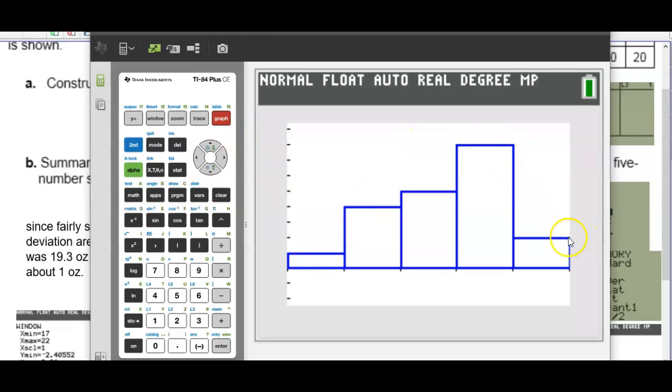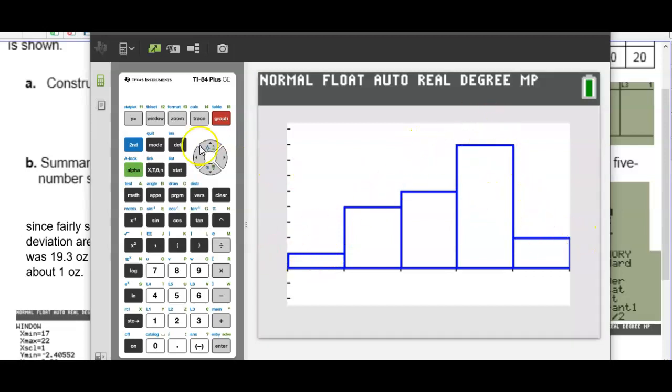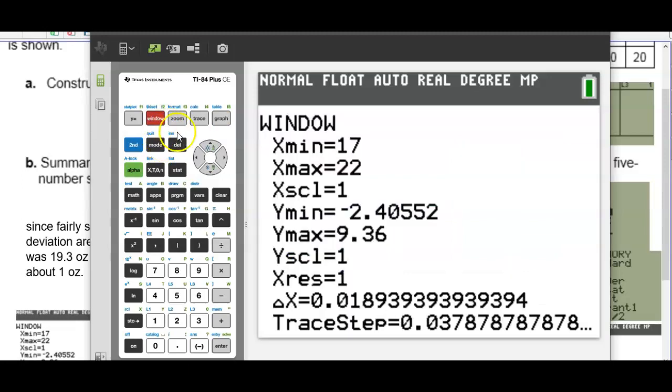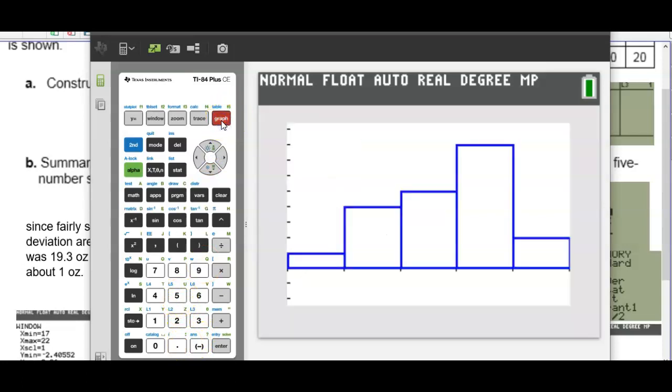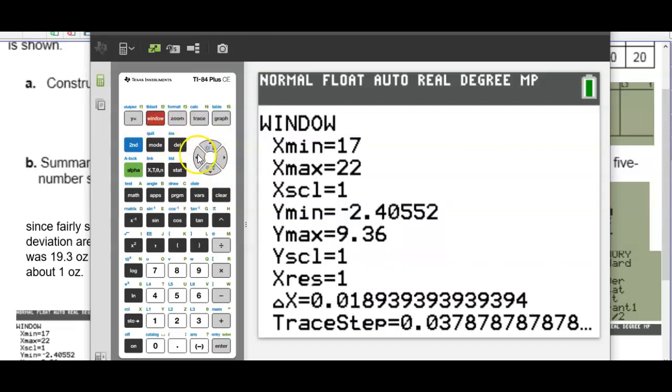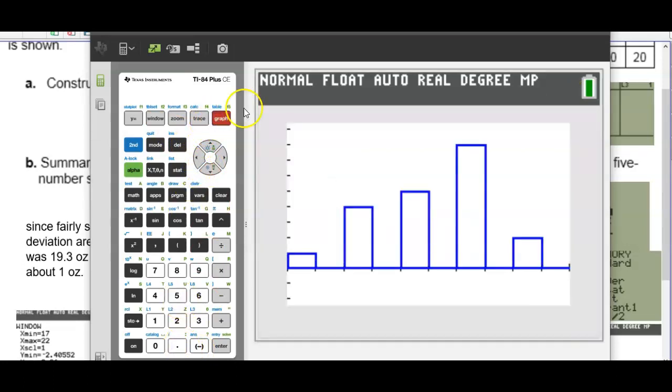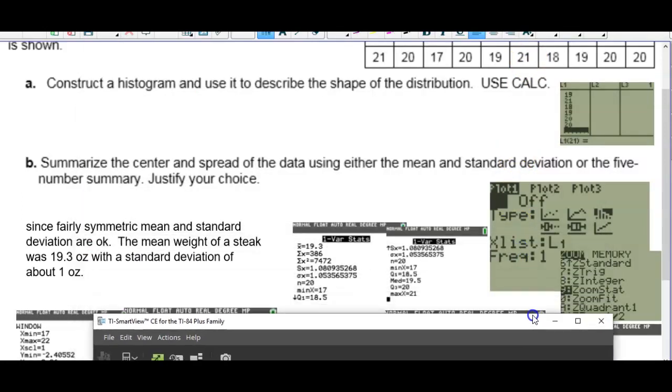Again, this isn't really drug out particularly one way or the other. If I had changed this to like a 0.5, oh, I didn't change it, did I? Just kidding. Okay, so I don't think it's particularly skewed one way or the other.